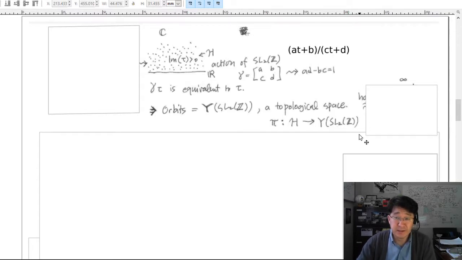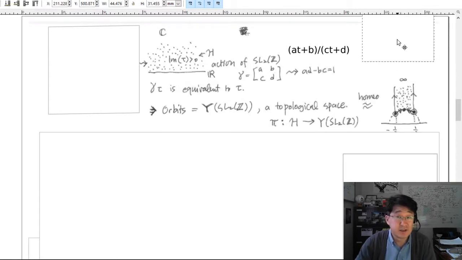So that's a topological space. And can we visualize this one? All this is just definition in words, and here's one way to visualize what that topological space is. This entire thing is the upper half plane, and I'm claiming that all the other points in the upper half plane are identified with the points in this vertical strip.